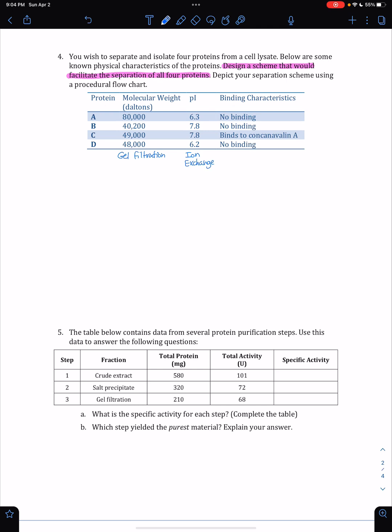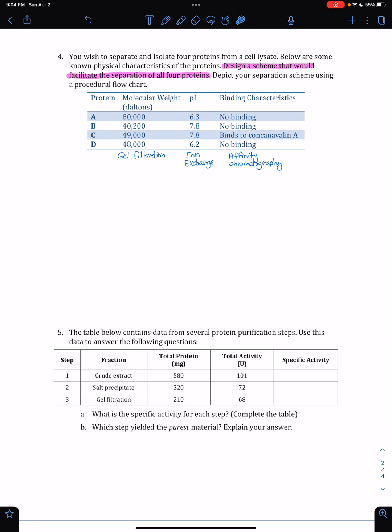Okay, and then binding characteristics, affinity chromatography. Because we have one protein, protein C here, that binds to this molecule called concanavalin A, and we do have an affinity chromatography resin that has concanavalin A on it in the lab.